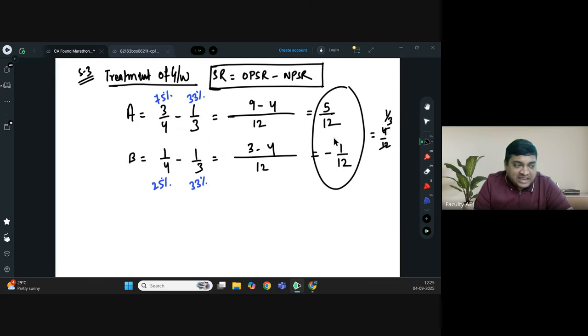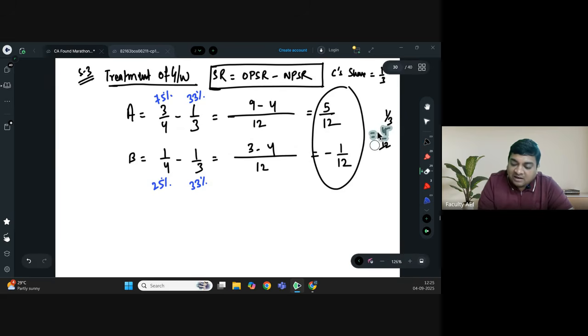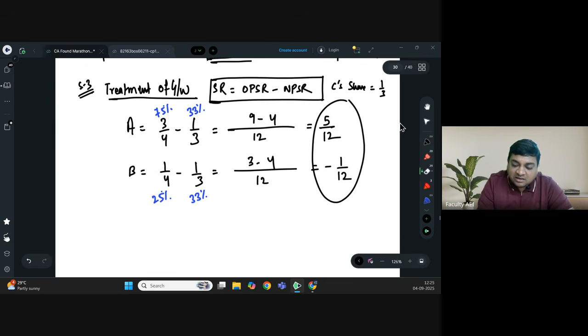If I add sacrifice, what is C's share? 1 by 3. What we had done earlier, when we added sacrifice, it was coming as the share of C. But here some are gaining, some are sacrificing. Anyway, if I add these two, I will get the share of C. Yes or no?